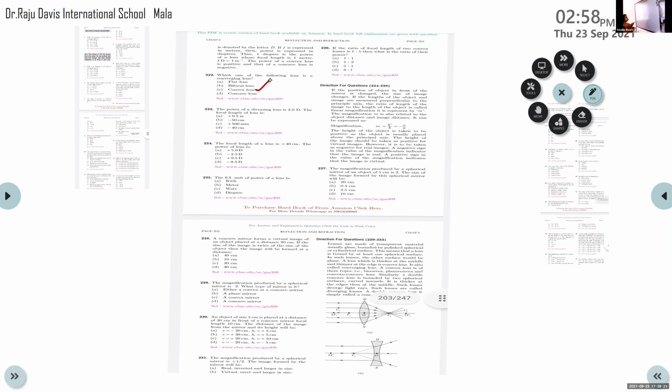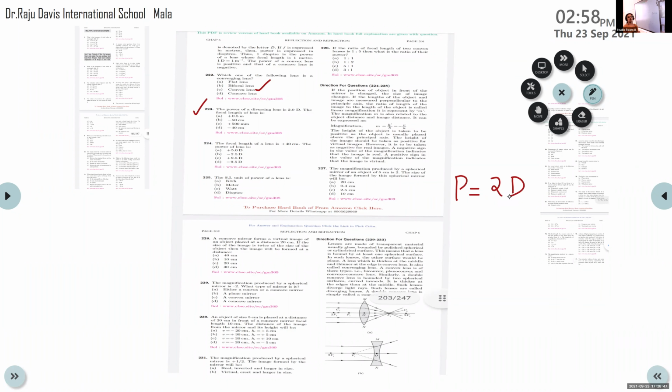Next question, question number 223. The power of a diverging lens is 2 diopter. Then what is the focal length of the lens? Power of a diverging lens is given as 2 diopter.